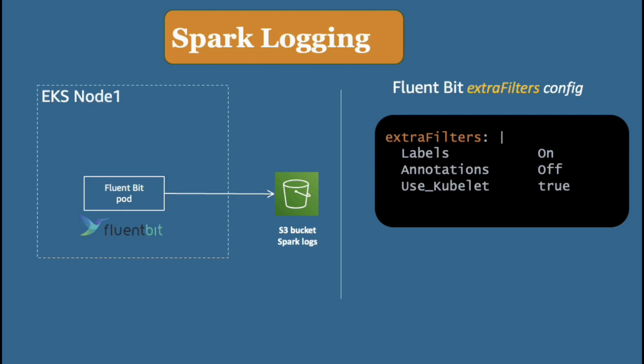Instead, it can use the local kubelet endpoint to get that metadata, because Kubernetes is anyway managing that pod and it has all the metadata required without the need to go to the API server. So this is a very powerful and efficient configuration to use when you deploy Fluent Bit.